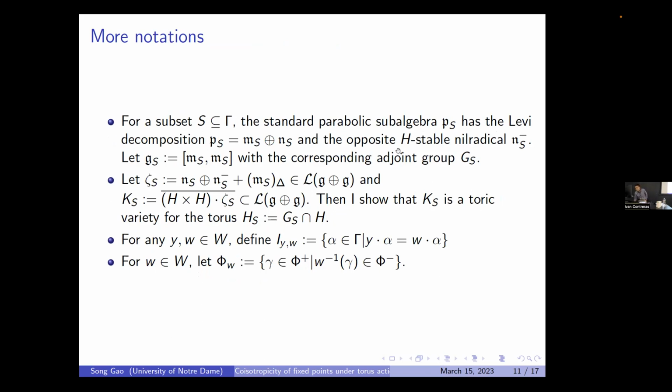Here is the Levi decomposition, and N_S is the opposite H-stable nilradical. M_S is reductive, and g_S is the derived algebra, which is semisimple, with the corresponding adjoint group G_S.